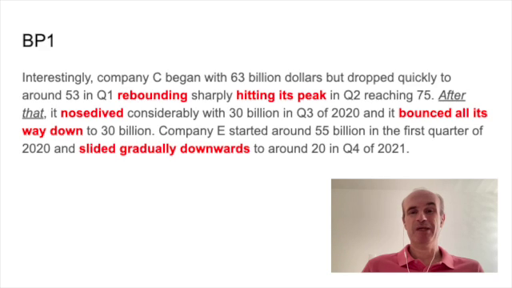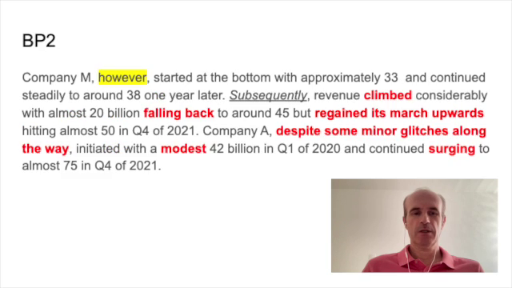So here, rebounding would be a nice piece of vocabulary. Hitting its peak, definitely. Nosedived is a word that normally people wouldn't use. Bounced all the way down, this is also nice vocabulary, I guess. And slided gradually downwards, that's also nice vocabulary that you may want to add to your writing as well. Of course, there are so many words that you can use.